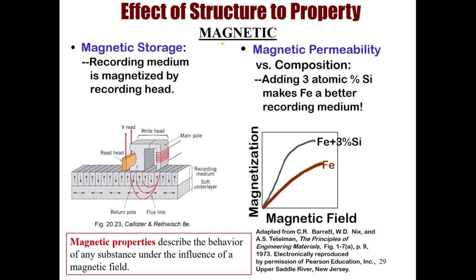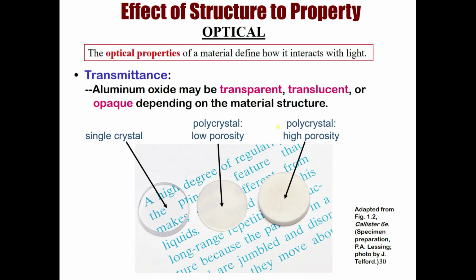Effect on the magnetic properties, as you observe in the magnetic storage application. You know that ferrum or iron is a magnetic material. However, when adding a certain percentage of silicon inside the ferrum, the material increases in magnetization.